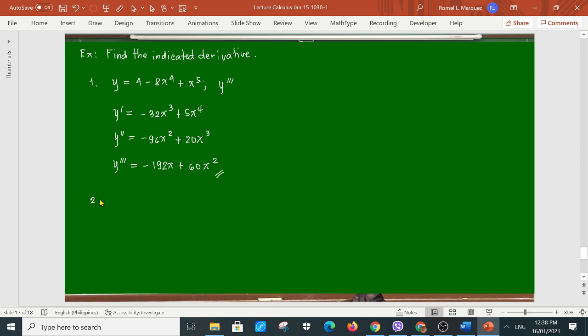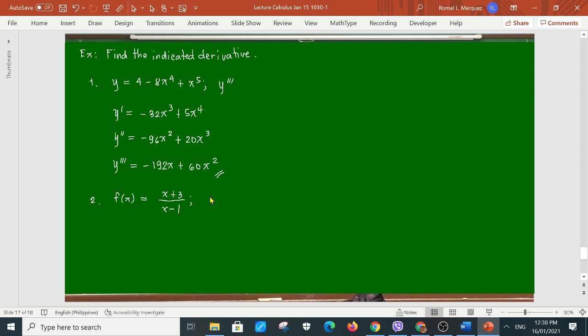Did you get that? Do you know how to get higher order derivatives? Let's say f of x, and be sure you know how to write the notation properly. f of x is equal to x plus 3 all over x minus 1.